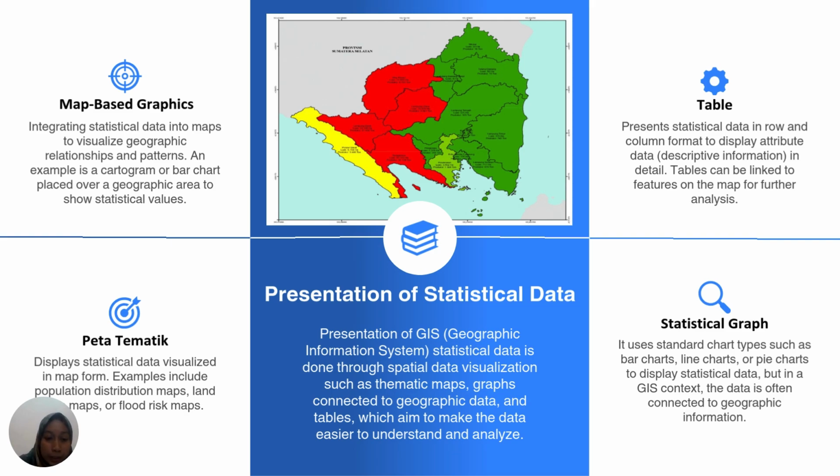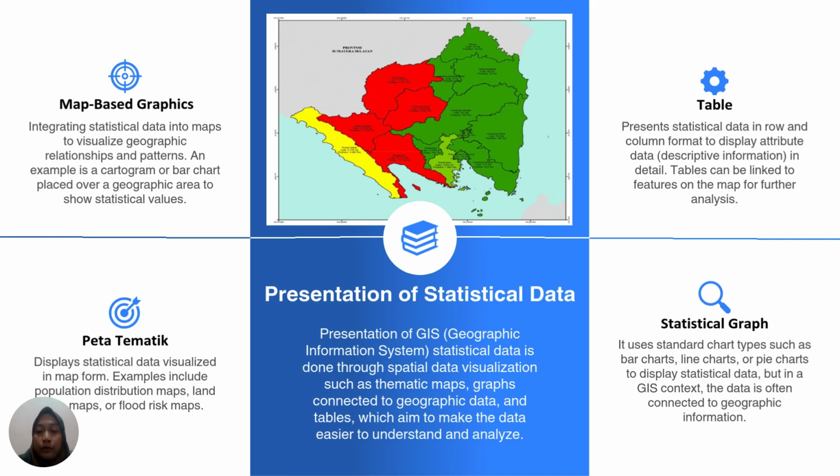And then thematic maps display statistical data visualized in map form. Examples include population distribution maps, land use maps, or flood risk maps. And then tables present statistical data in row and column format to display attribute data and descriptive information in detail.